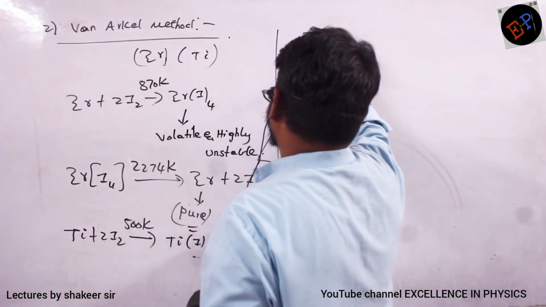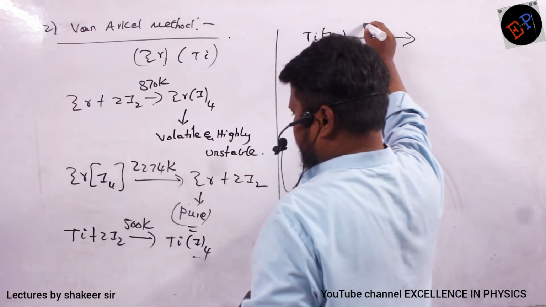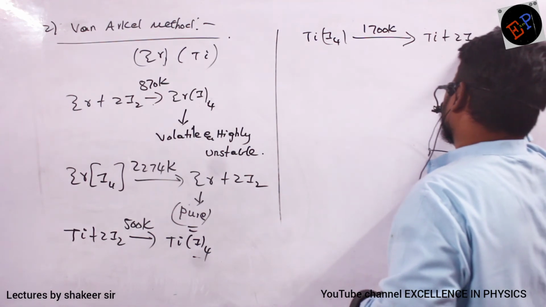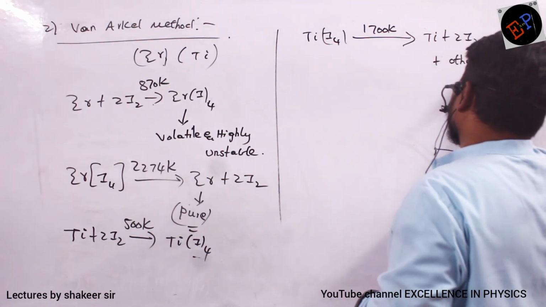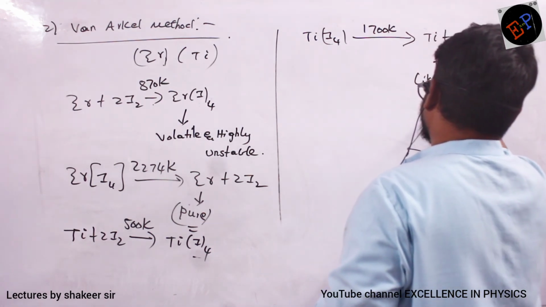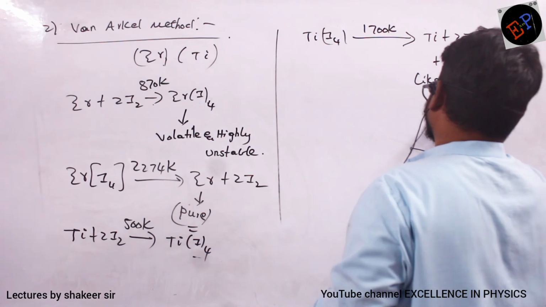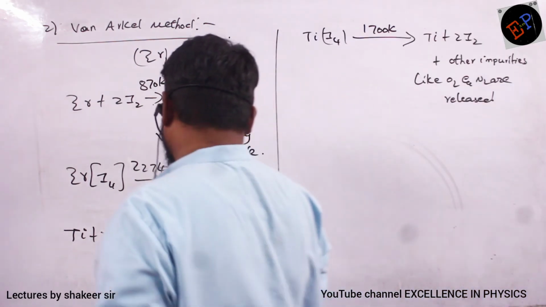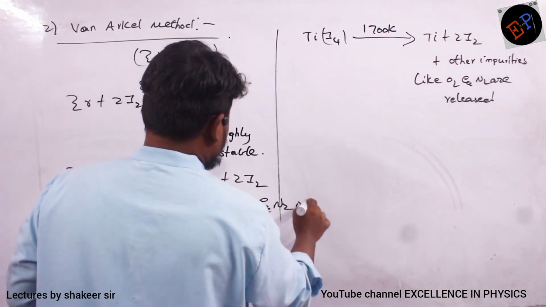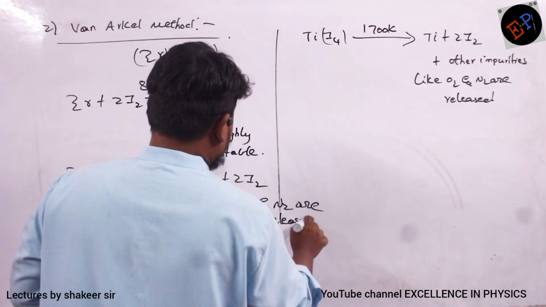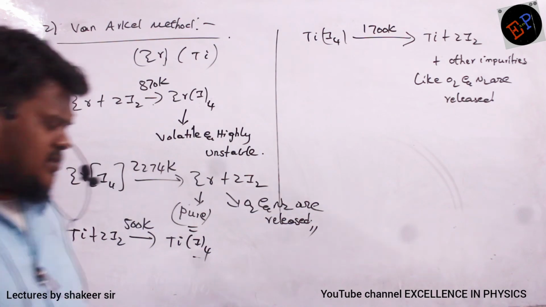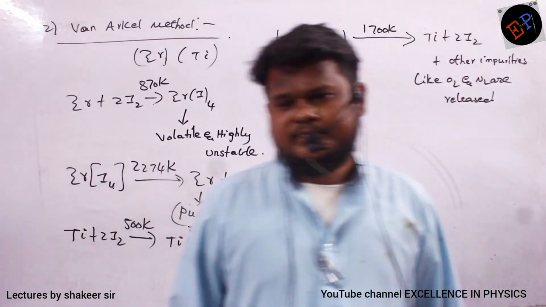So TiI4, when heated at 1700 Kelvin, disintegrates into titanium plus 2I2, and other impurities like oxygen and nitrogen are released. Here also you have to write this concept: O2 and N2, which act as impurities, are released. So this is the total refining process present in our syllabus. Are you able to understand?